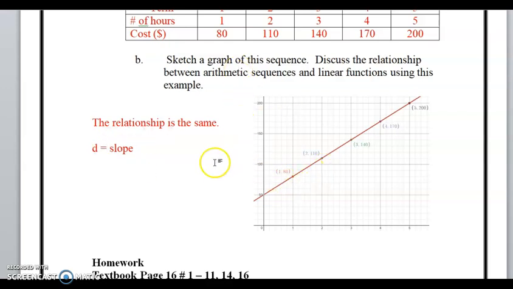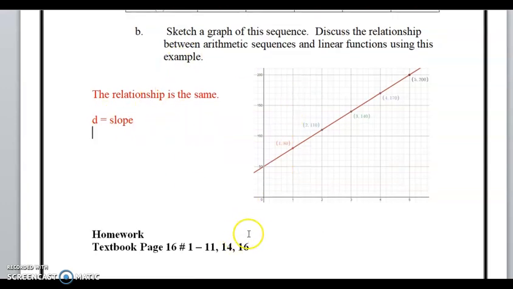Because remember, we put the equation in y equals mx plus b, and I put y equals 30x. And the first point, the initial point, t1, has a relationship there. It's not 50. We always have to go back one, but we'll talk about that. But the slope is equal to the common difference.